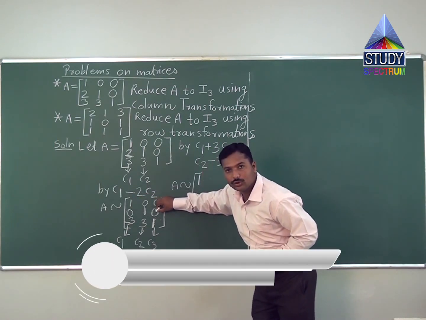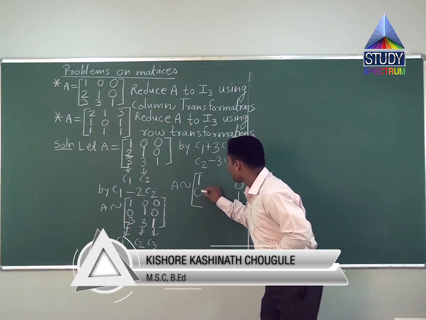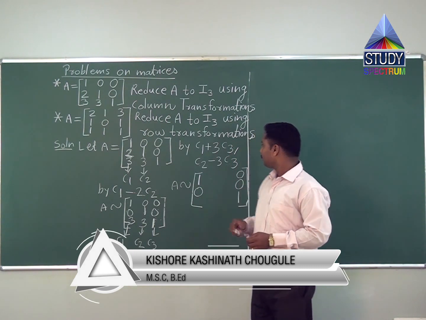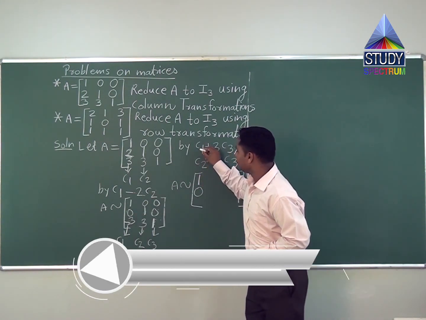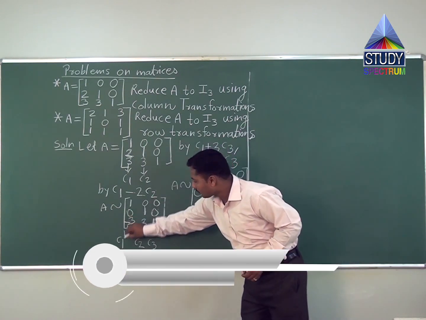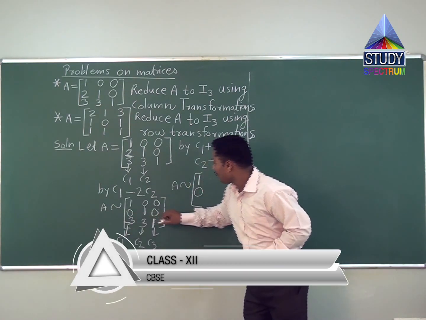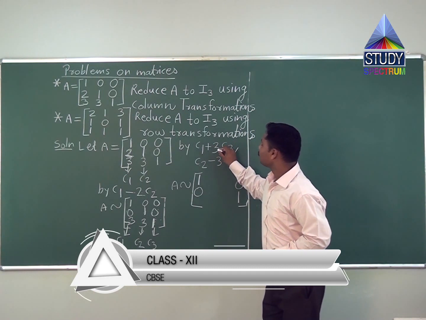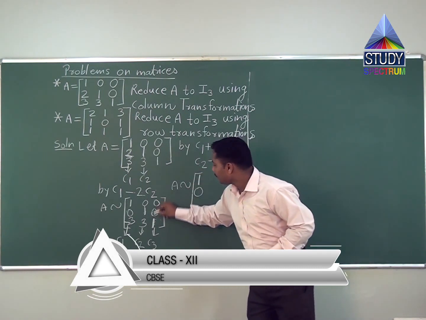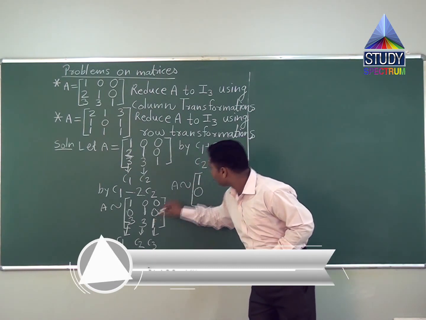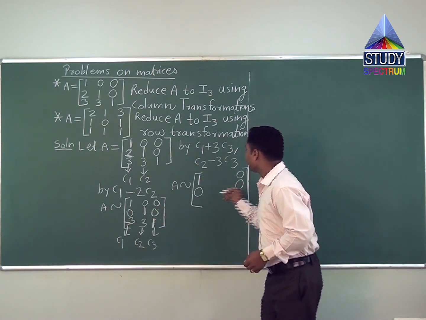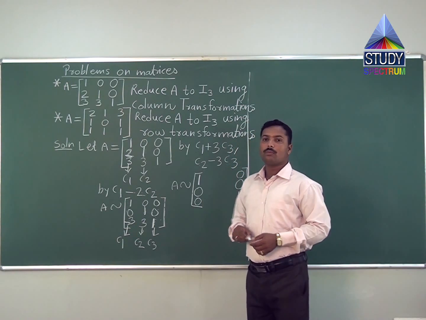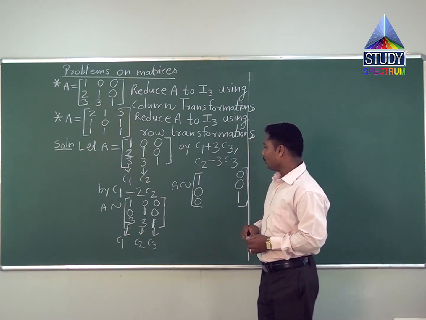Again, the third number of the first column, minus 3 plus 3 into C3, which is the third number of the third column, 3 into 1 is 3, minus 3 plus 3 is 0.